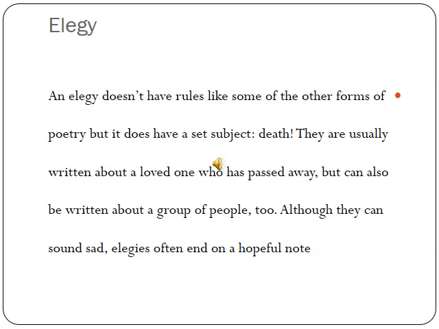Although they can sound sad, elegies often end on a hopeful note. So we should know that elegy is different from ballad and ode. Elegy is the saddest kind of poetry.